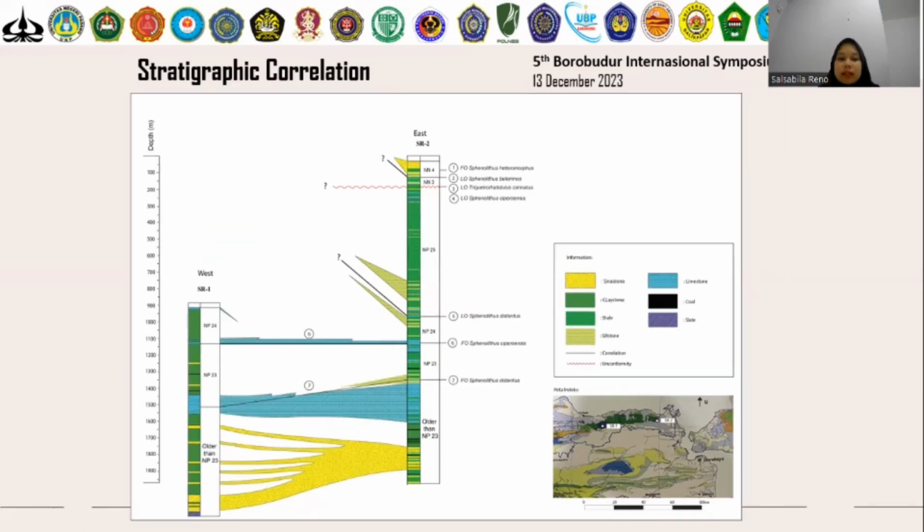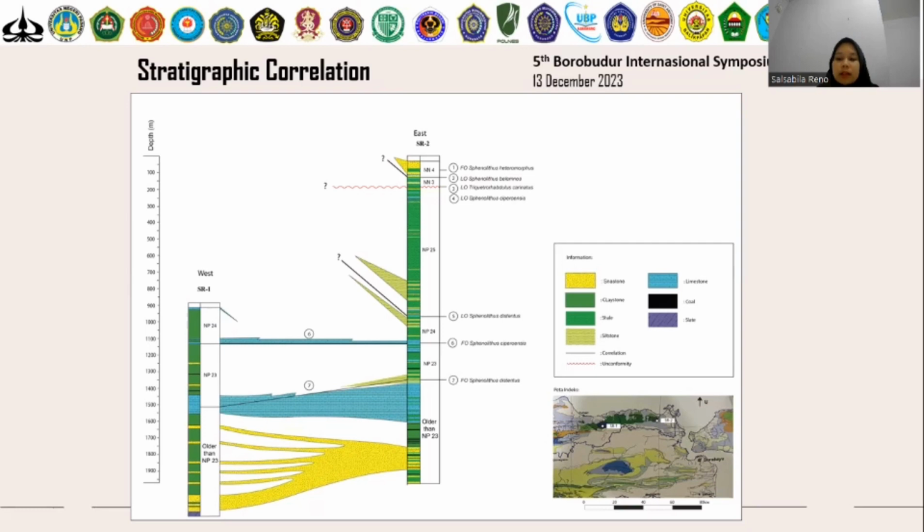Next, we have the stratigraphic correlation. I did this correlation by flattening the FO Sphenolitis chyprensis datum. This correlation is to see the reconstruction of the depositional process that occurred from the older period. From the results of this reconstruction by flattening on datum number 6, it shows a pattern of deepening in the west, where the sediment thickness is thinner than SR2.